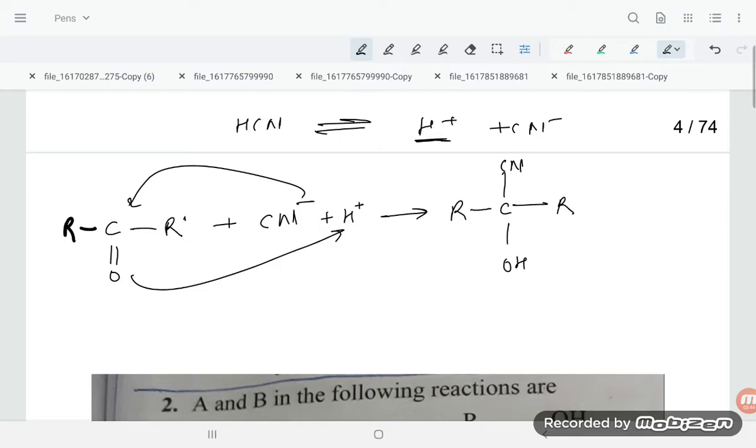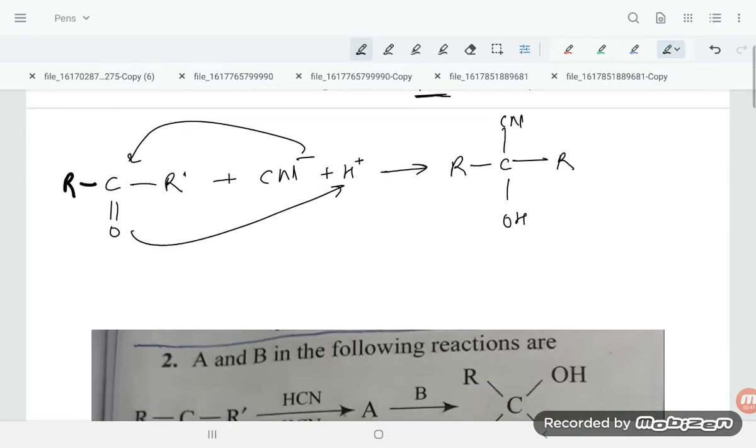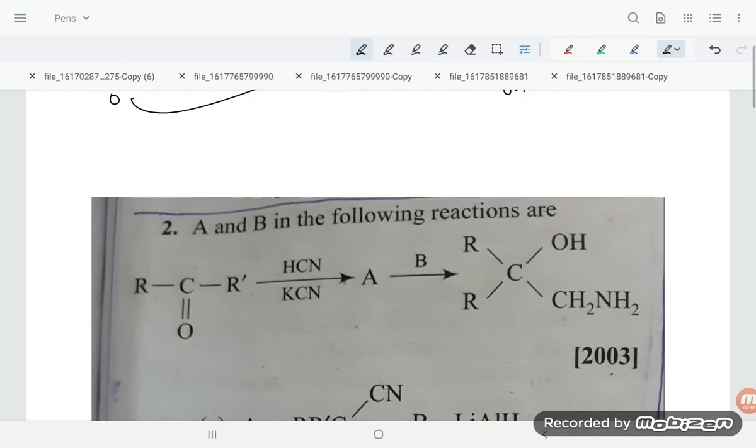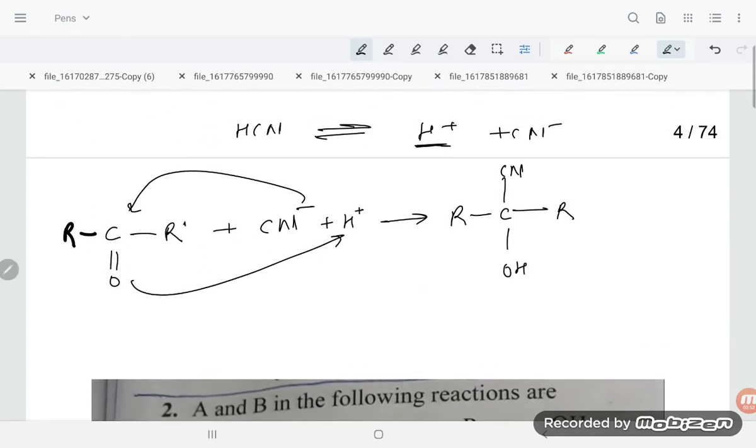Now the second point we have to understand is that CH2NH2 is getting added. If you are adding LiAlH4, two hydrogens go to CH2 and two hydrogens to NH2. So it is giving R, with CH2 and NH2 coming, and again R with OH.